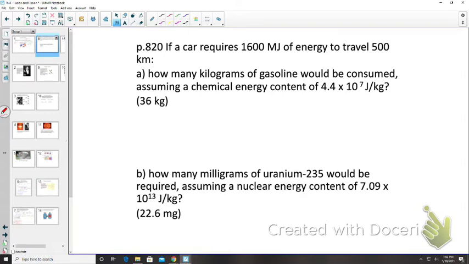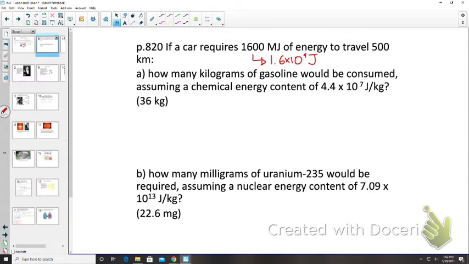Now, we are given a value, so we know that a car requires 1600 megajoules, which if we convert that to joules, is 1.6 times 10 to the 9 joules. So to travel 500 kilometers, we need 1.6 times 10 to the 9 joules. We know that we can get 4.4 times 10 to the 7 joules per 1 kilogram used.